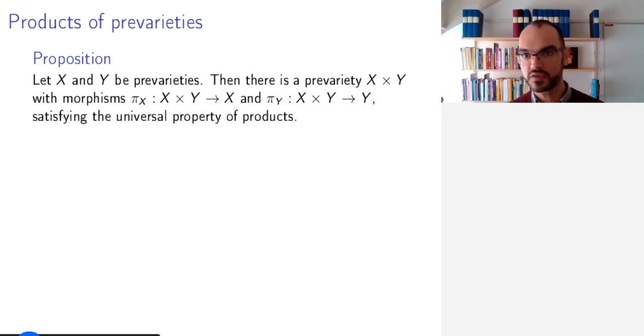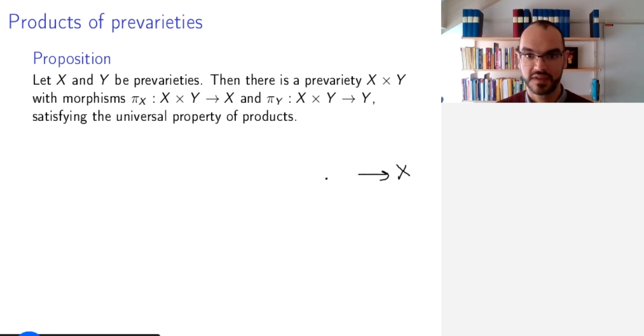Now we want to generalize this to a product of pre-varieties. And we will define it in the following way: given X and Y, if they are pre-varieties, then the claim is that there is a pre-variety that we call suggestively X times Y, with morphisms pi_X from X times Y to X and pi_Y from X times Y to Y, satisfying the universal property of products.